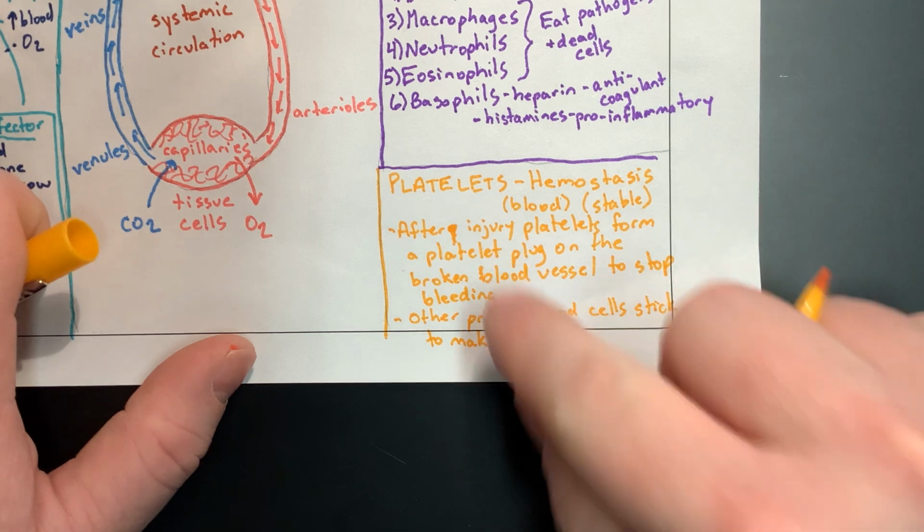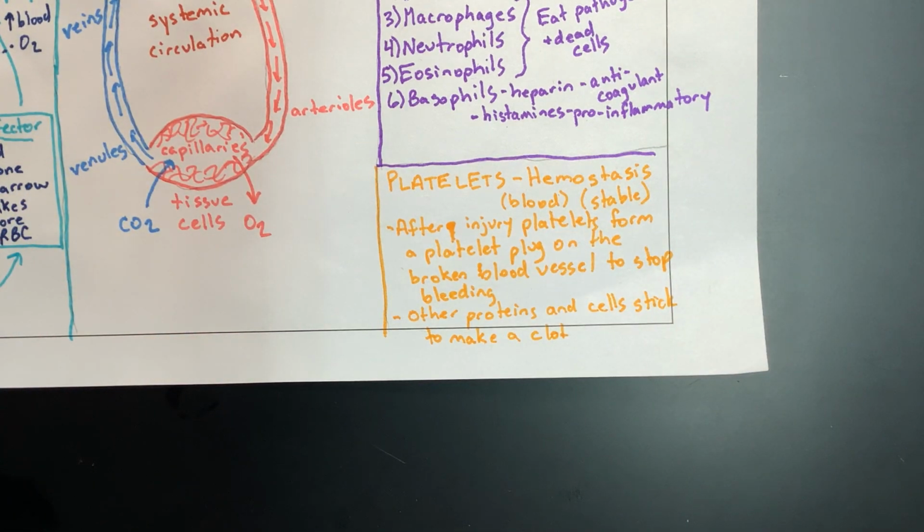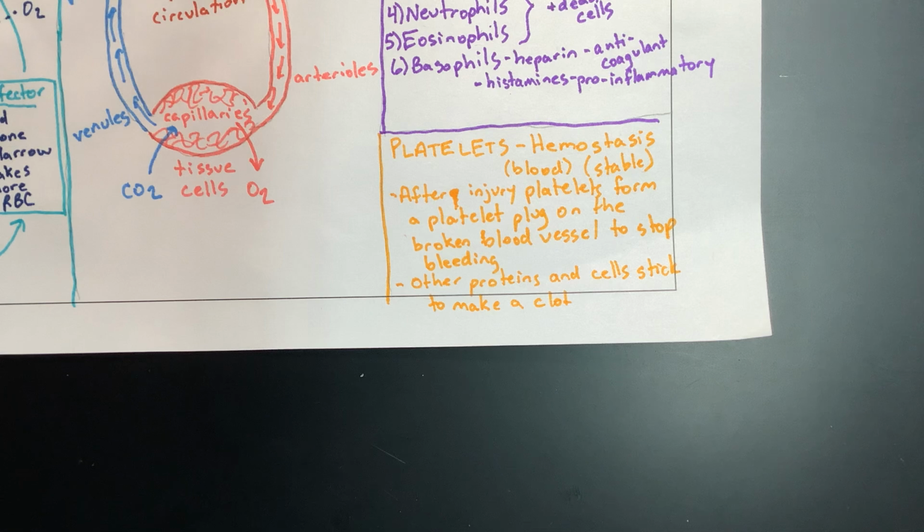A platelet plug and a clot are slightly different things. The platelet plug is stronger and will stick around longer. And that clot, if it's exposed to the air, will turn into a scab, and then you keep picking it off and it becomes really itchy and everything.